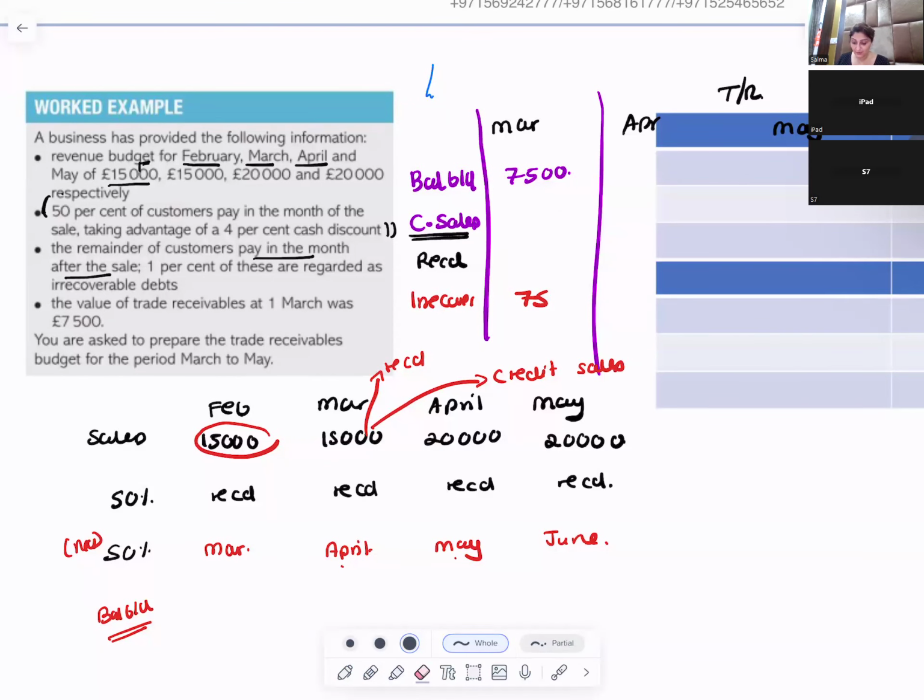So the credit sales would be 7,500 minus 75, which is 7,425. How much will you receive this month? You will receive 7,500 only, but 75 you treated as irrecoverable debts last month, so it'll be 7,425.